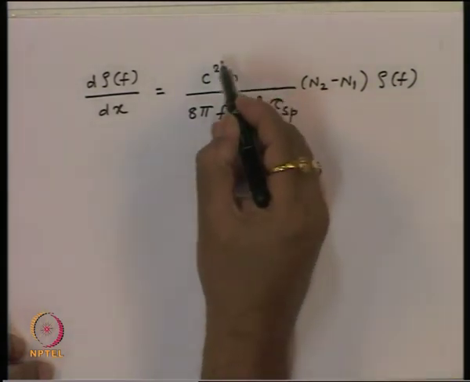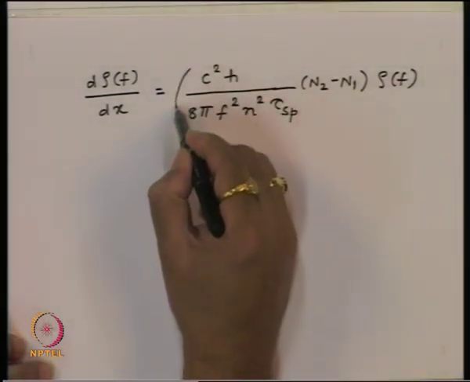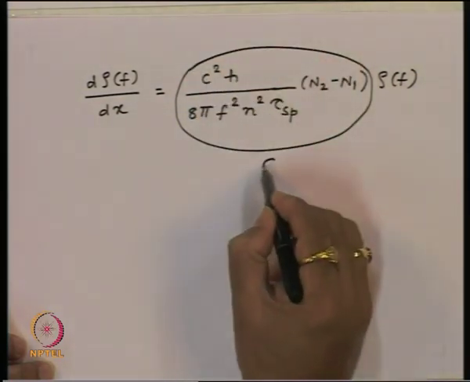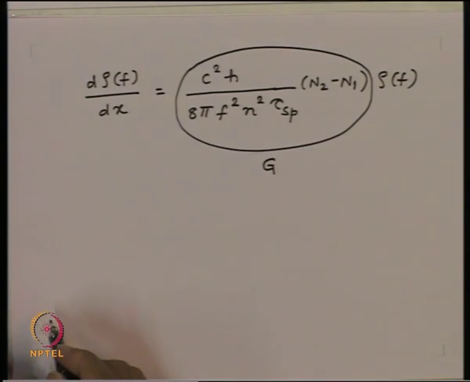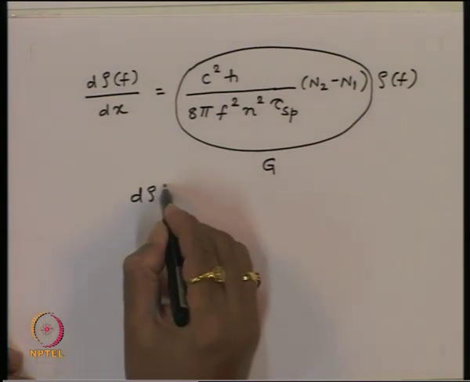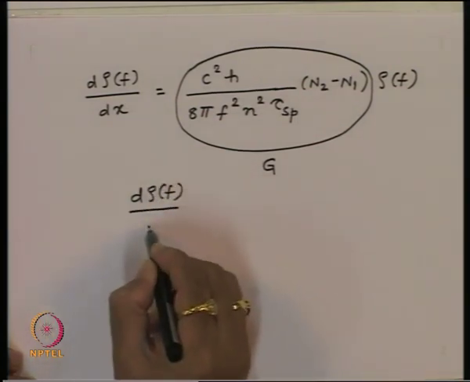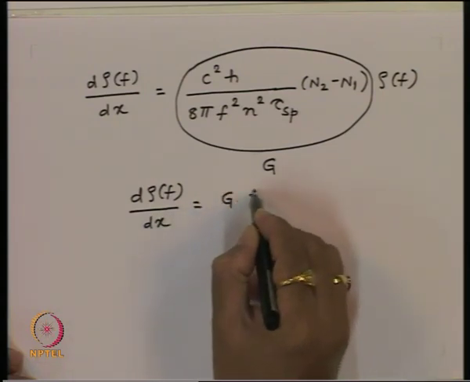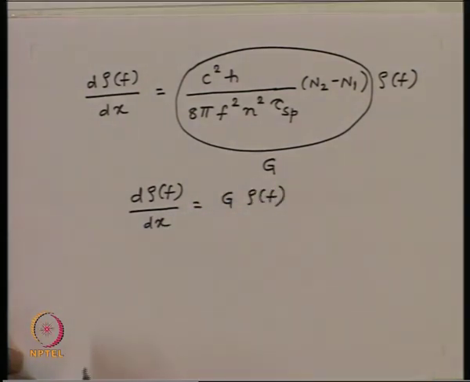So, if we define this quantity here by some quantity g, which is a function of frequency, then this equation can be written as d rho of f by dx equal to g into rho of f.